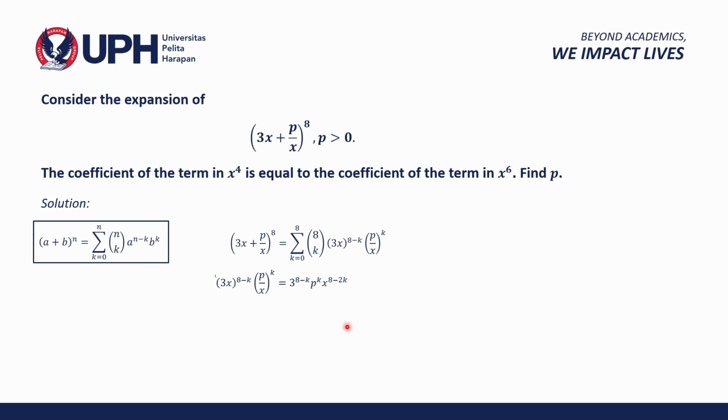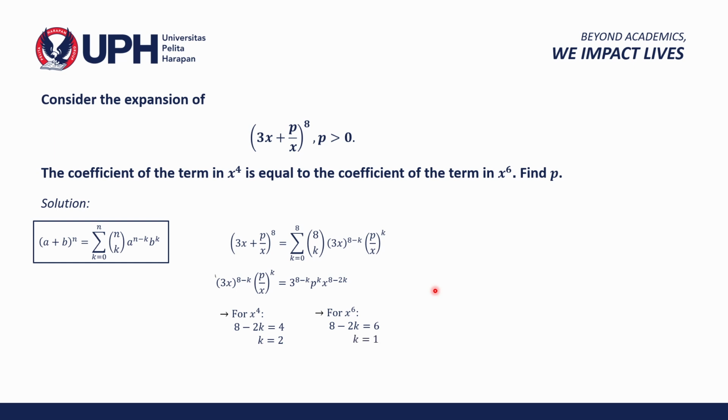So to find the coefficient of x to the power of 4, we set 8 minus 2k equals 4. Solving this gives k equals 2. To find the coefficient of x to the power of 6, we set 8 minus 2k equals 6.